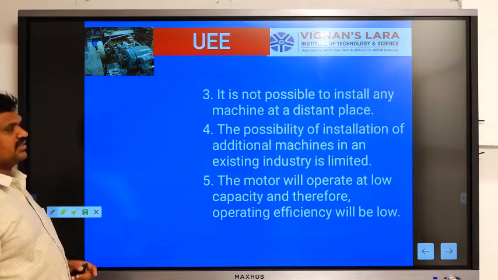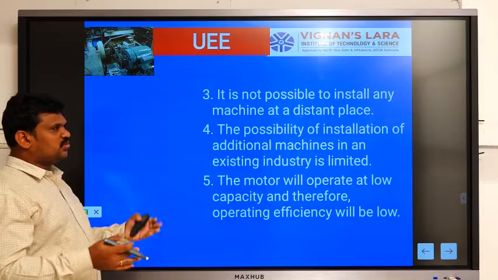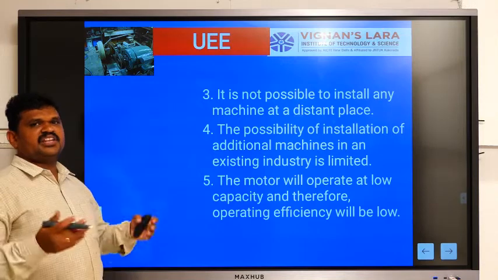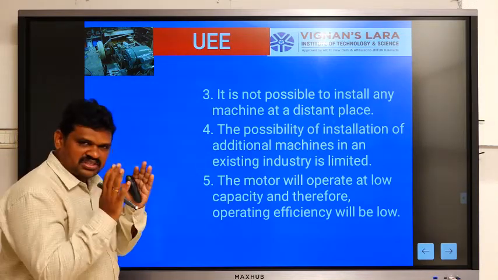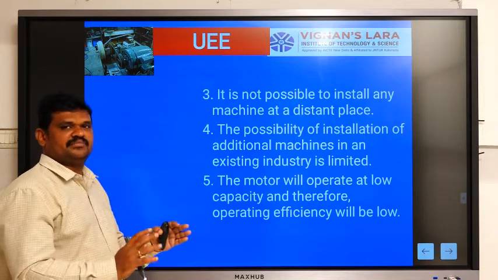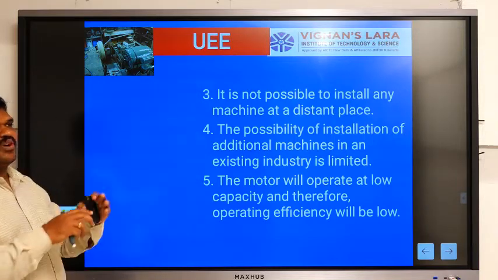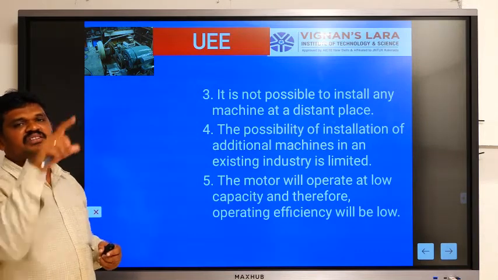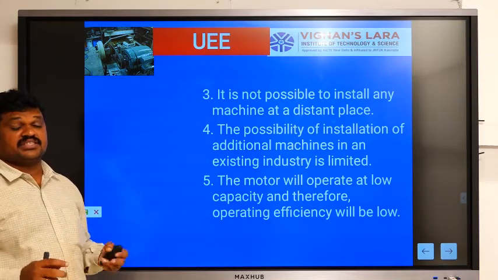Another disadvantage. It is not possible to install the machine at any location or any space. It should be nearer to that shaft only. If you place it far away and connect it to this shaft by using a large size belt, the losses will increase.